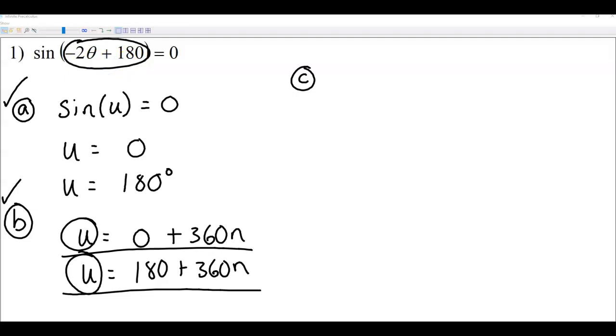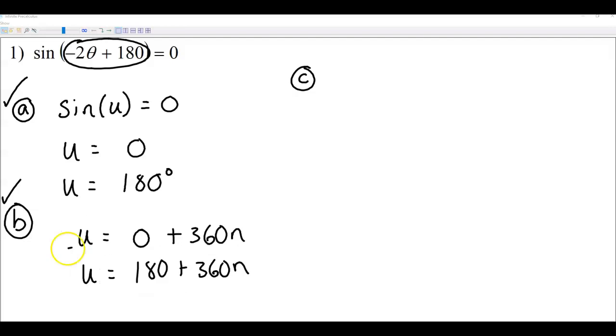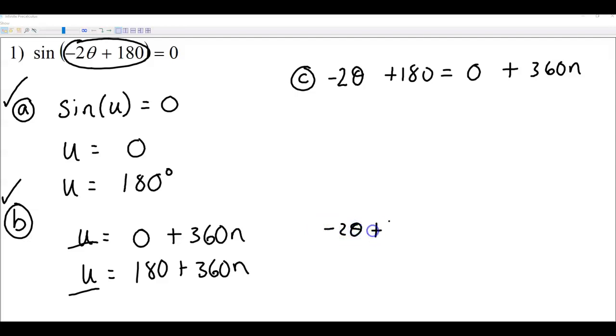Okay, so I'm going to take these two equations that I have down here, and I'm going to replace the u with negative 2 theta plus 180. Okay? Now, I'm going to do that again for the other one. Let me make a little space here. I'm going to replace this u with negative 2 theta plus 180 also.